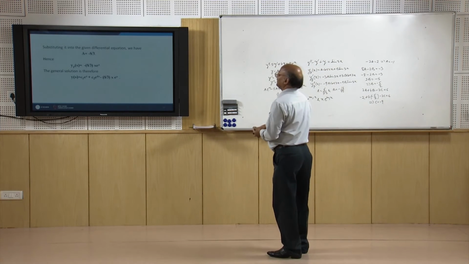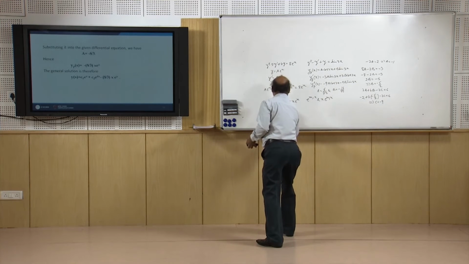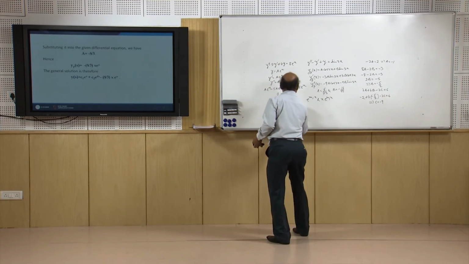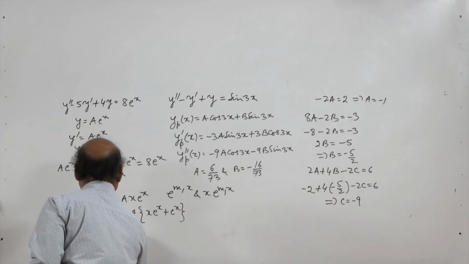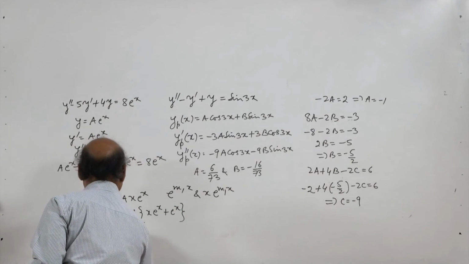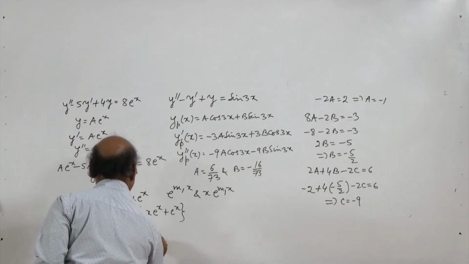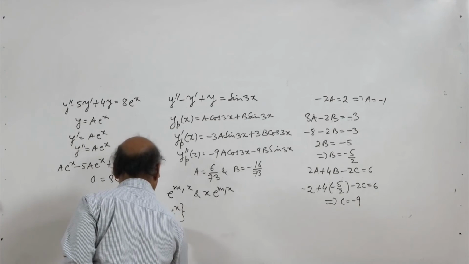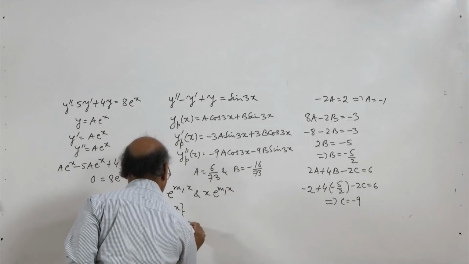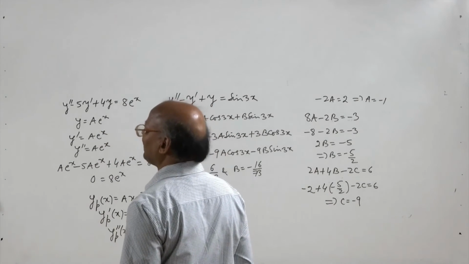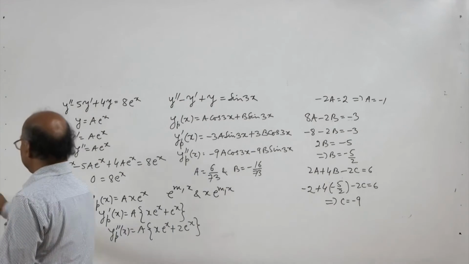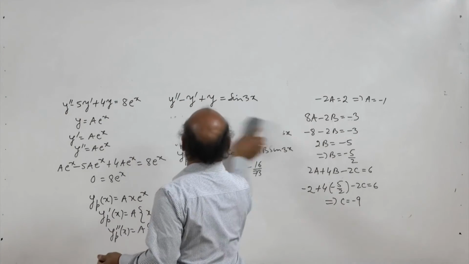So, let us see, if we do this, then y_p dash x will be equal to a times x e to the power x plus e to the power x, and y_p double dash will be equal to a times x e to the power x plus 2 e to the power x. Now, when you put this in the given differential equation, let us see what do we get.